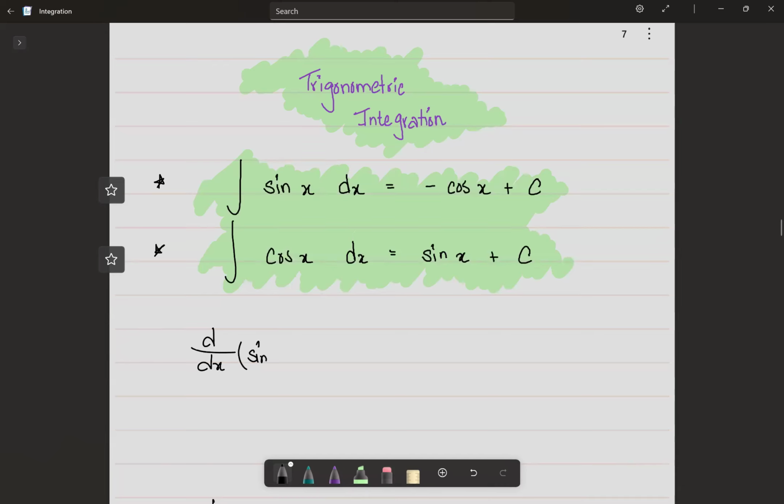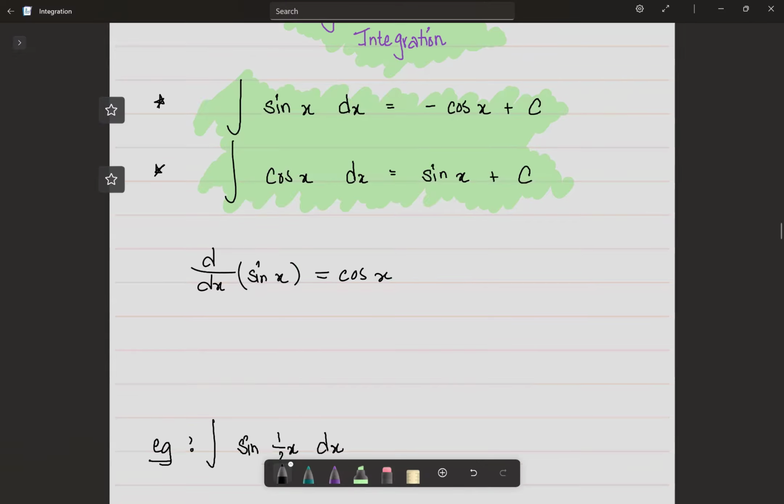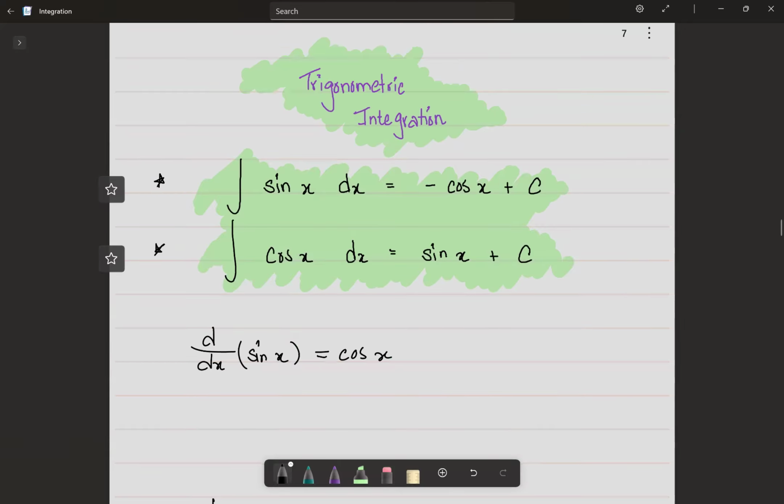If you differentiate sin x, you get cos x. We have seen this, right? So when we integrate cos x, because integration is the opposite, the integration of cos x must be sin x. So we can see that in here.